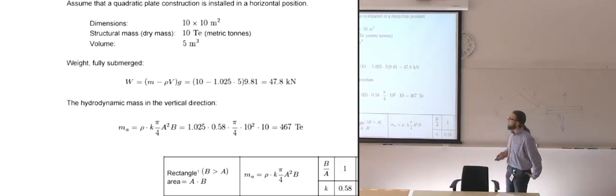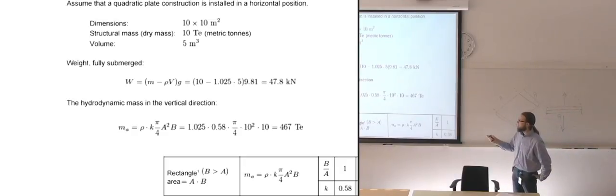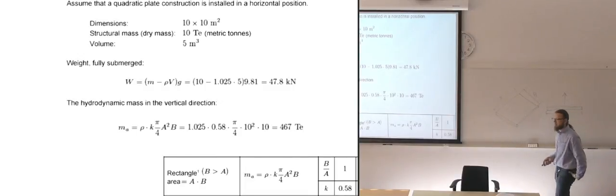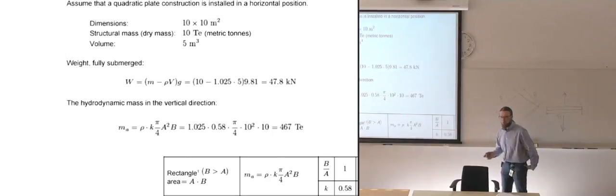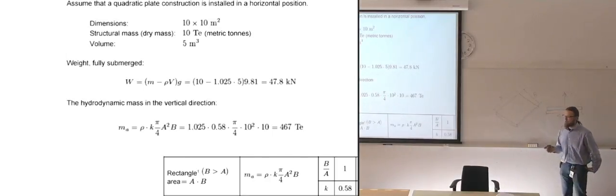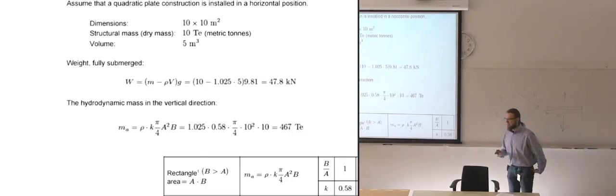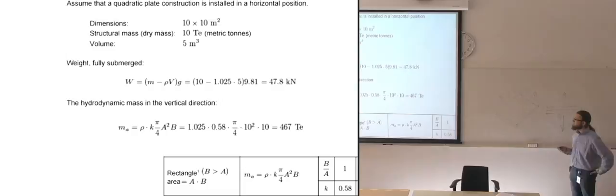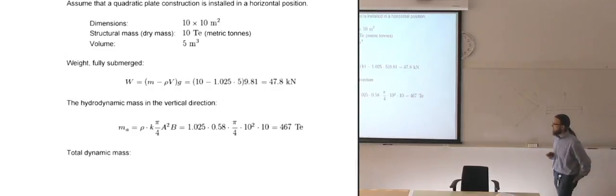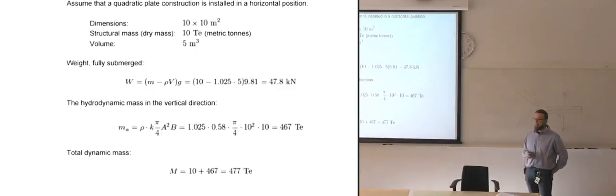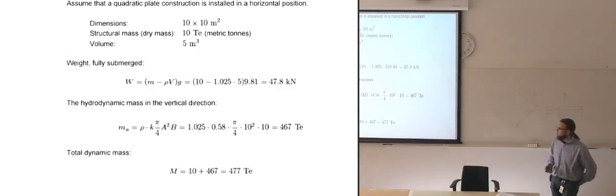So here we can see that we have a 10-ton plate, and we have 460 tons, or almost 470 tons of water being moved along with the plate. So that just shows how incredibly much larger the added mass can be. So our total mass, of course, we have to add in the 10 tons of the plate itself, so we almost get 480 tons as a total mass here when we're moving it.